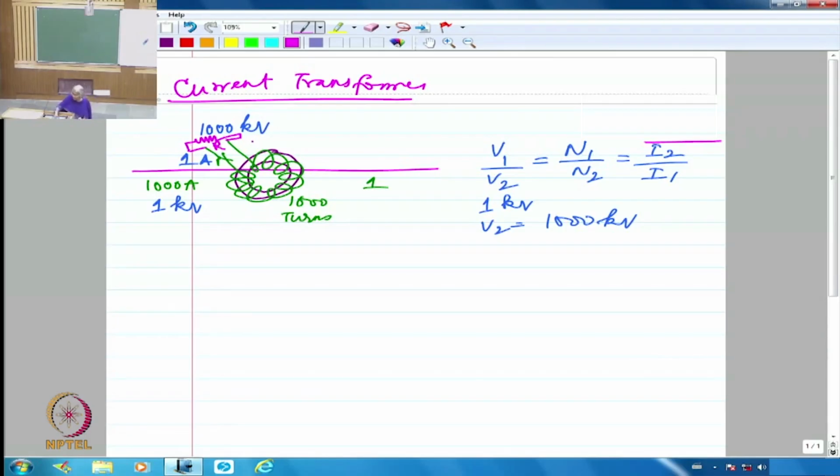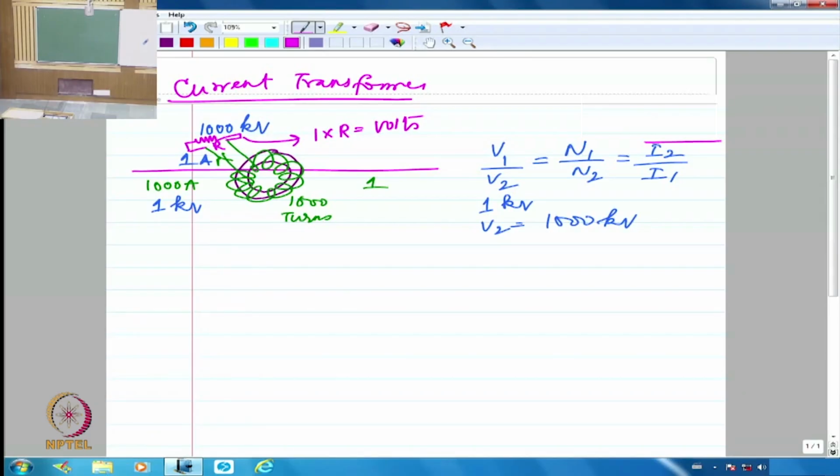So, what I am getting out of this will be 1 multiplied by R volts. If I measure this voltage, and divide that by the known resistance, I will get exactly whatever is the current value. So, the current transformer allows me to measure the current by stepping down the current.